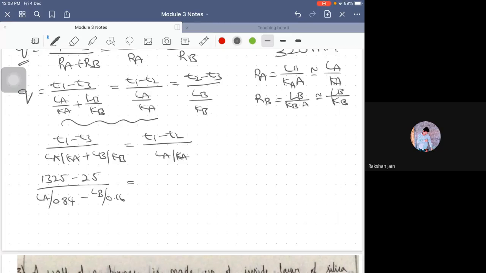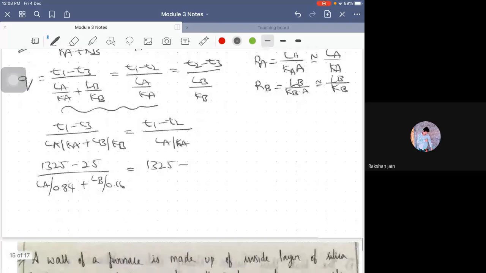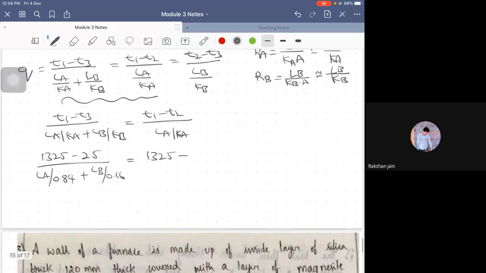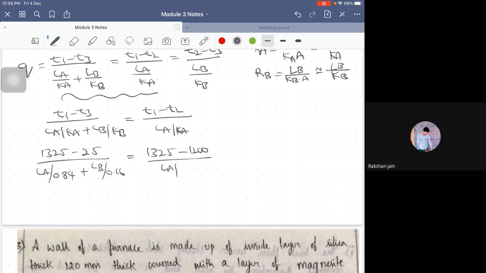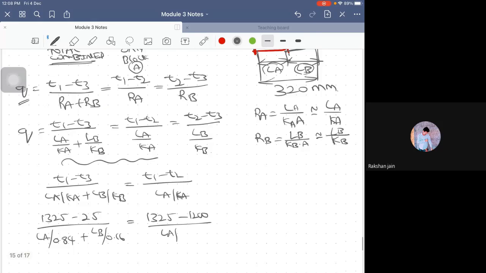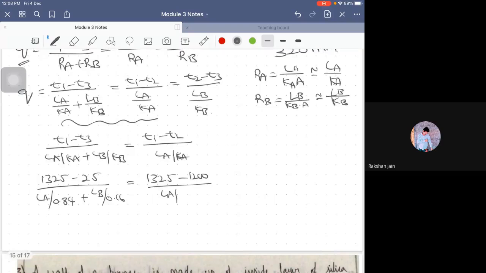That equals 1325 minus T2, which is 1200, divided by LA divided by KA, where KA is 0.84. Okay.